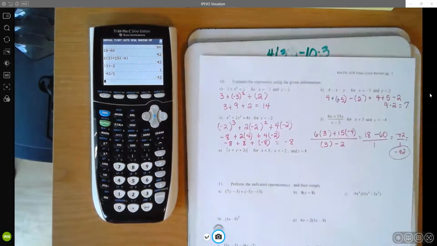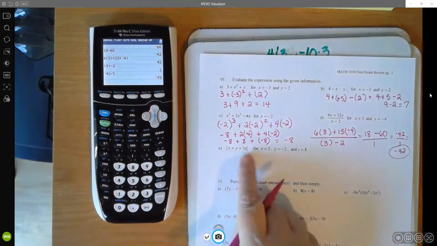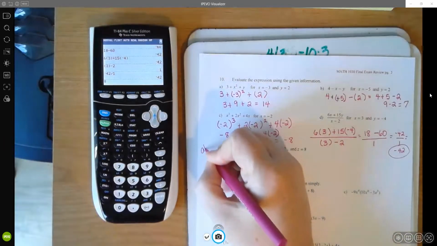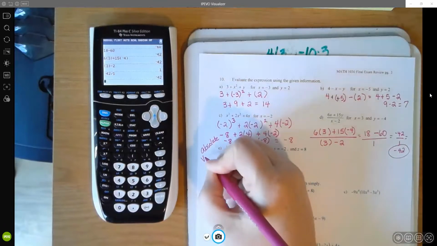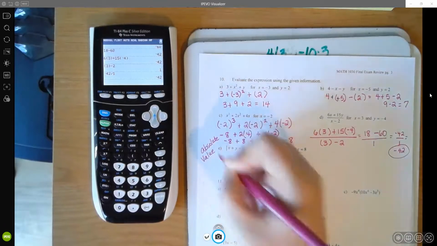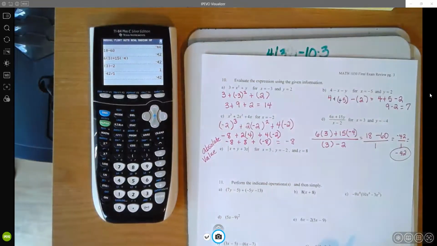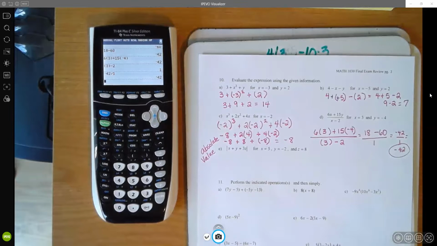Okay, notice the next problem has the bars. Remember, your bars are your absolute value. That means whatever we get inside of there will be made positive when we do that last step. And I will do that as the last step. They also act as grouping or parentheses.